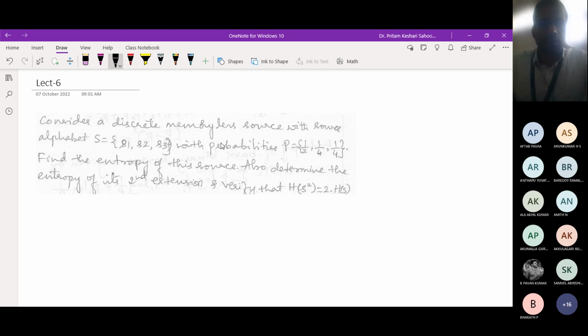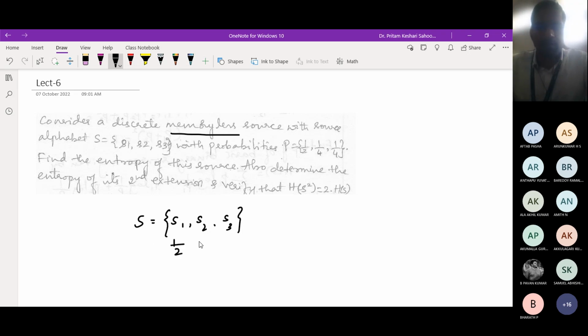Consider a discrete memoryless source. Please underline it is a discrete memoryless source with source alphabet S equal to S1, S2, and S3. So you have a source which is generating three symbols, S1, S2, and S3, with probabilities of 1 by 2, 1 by 4, and 1 by 4.